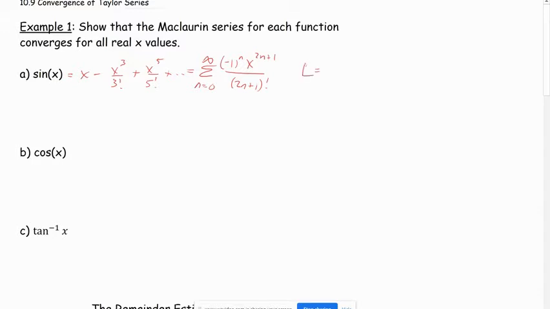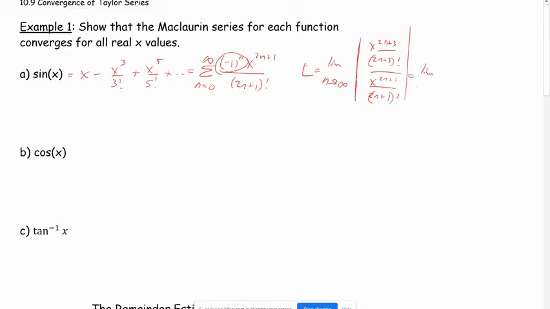So we'll start off with L equals the limit as n approaches infinity of x to the 2n plus 3 over 2n plus 3 factorial divided by x to the 2n plus 1 over 2n plus 1 factorial. You'll notice that I left off the -1 to the n component because we're taking the absolute value, so we don't really care if this turns out to be positive or negative. When we take the absolute value, it's going to be positive anyway.